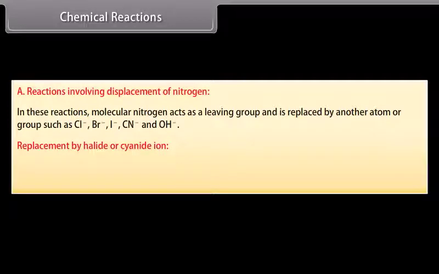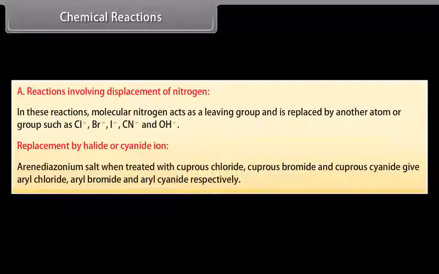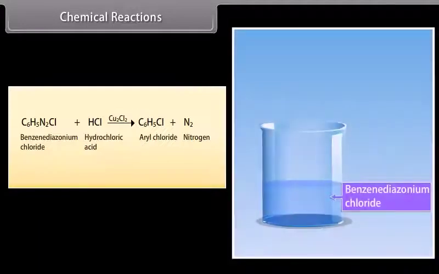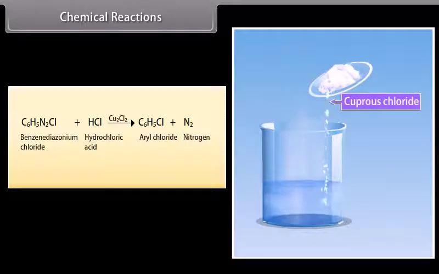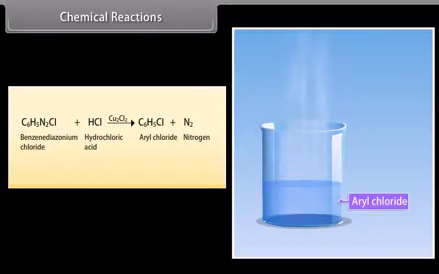Replacement by halide or cyanide ion. Arene diazonium salt, when treated with cuprous chloride, cuprous bromide and cuprous cyanide, gives aryl chloride, aryl bromide and aryl cyanide respectively. Benzene diazonium chloride reacts with hydrochloric acid and cuprous chloride and yields aryl chloride and evolves nitrogen gas.